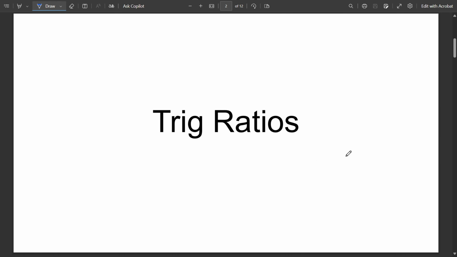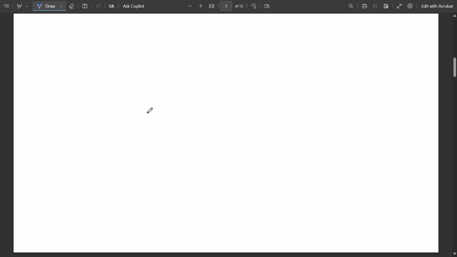So let's say we have a right triangle. We already know this side is 3 centimeters, this one is 2 centimeters, and we don't know this one.